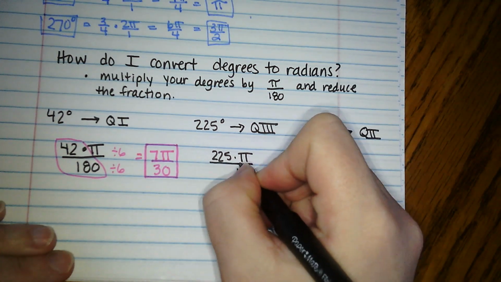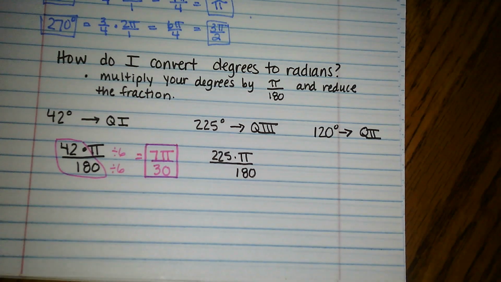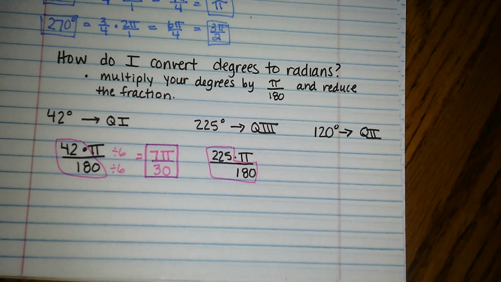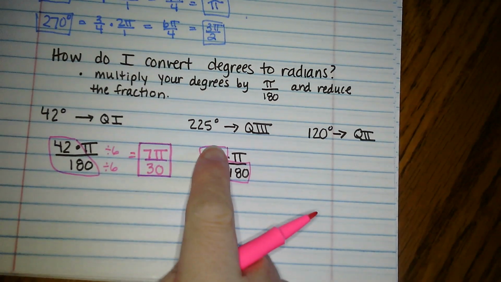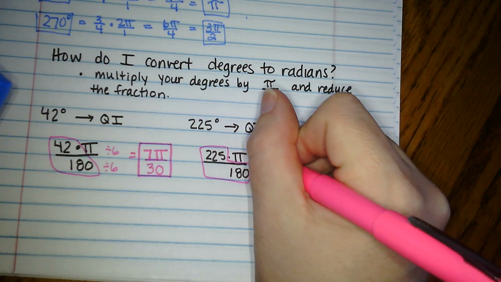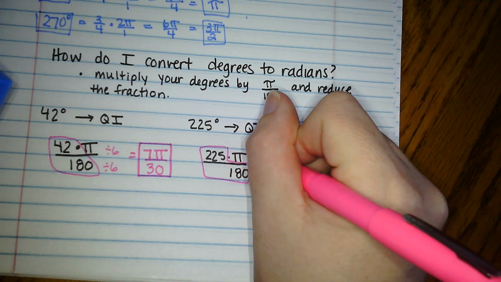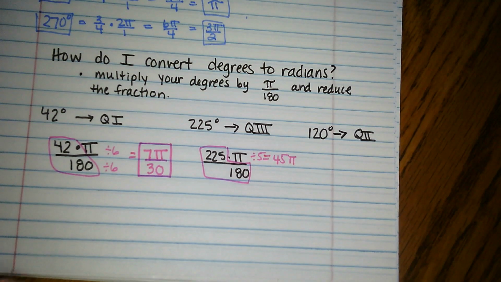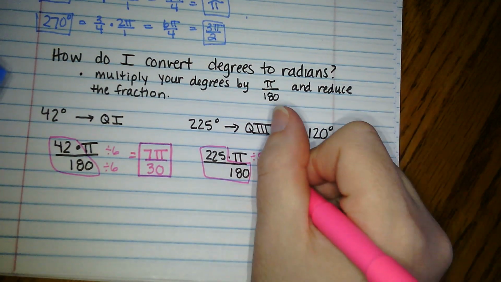When I do that, I'm going to reduce this 225 and this 180. I'm going to reduce those by looking for a common factor. I do know that 5 goes into both of those because one ends in a 5 and one ends in a 0. So if I take 225 and divide by 5, I'll get 45 pi. And on the bottom, 180 divided by 5 is going to give me 36.